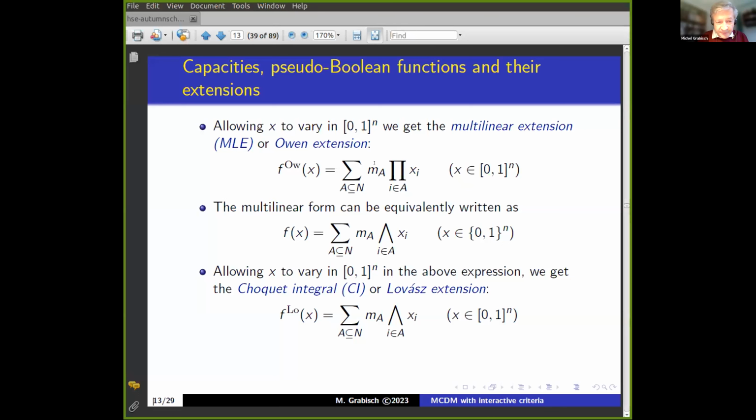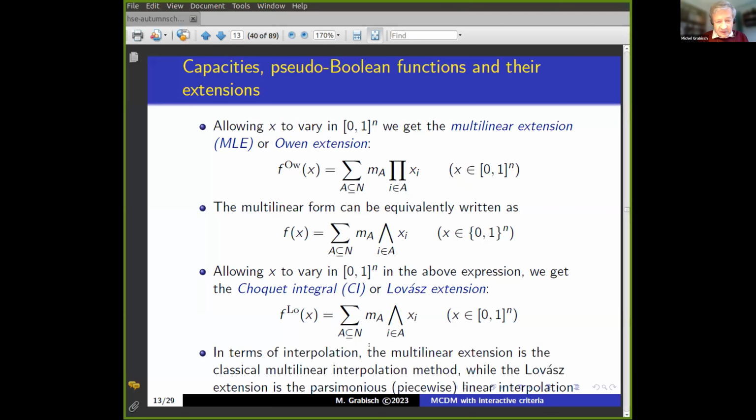So now we have two models at hand, the multilinear extension and the Choquet integral. Now we would like to know what is the difference between the two.